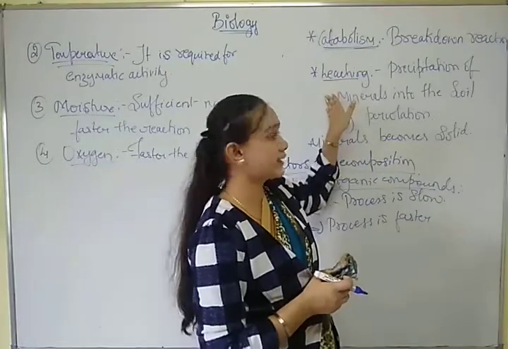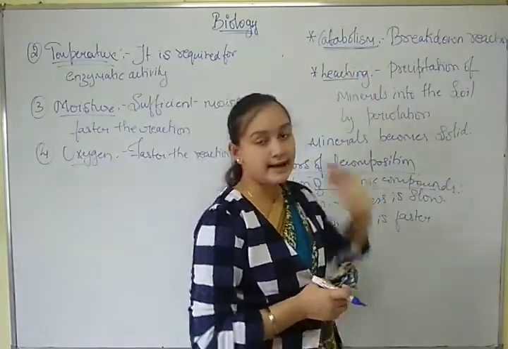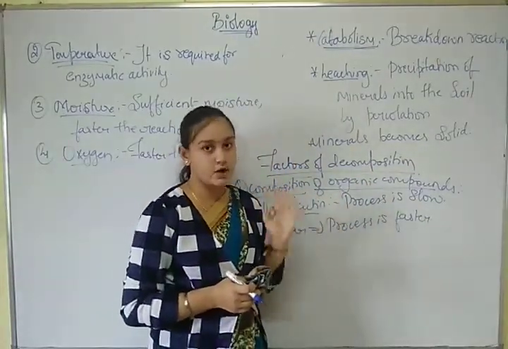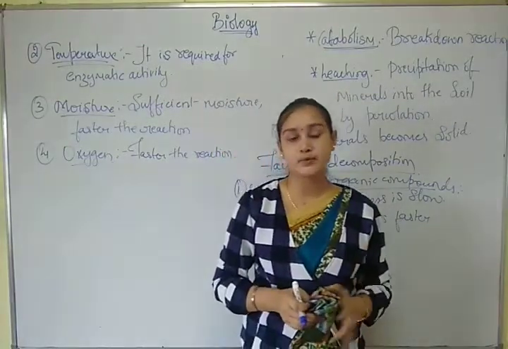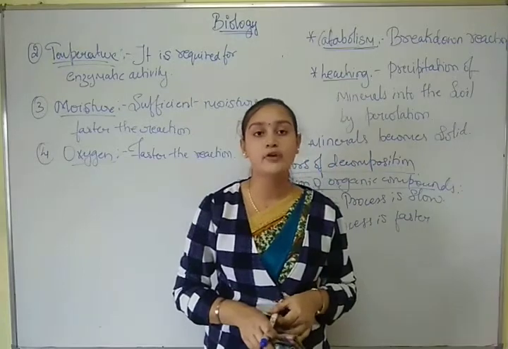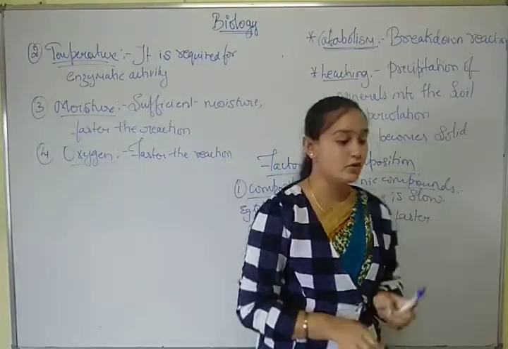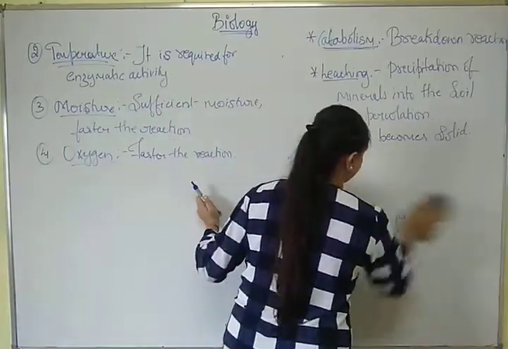The two important things that take place are catabolism and leaching. We studied the factors of decomposition. So this was all about decomposition. And now let's see the third component of the ecosystem, that is energy flow.